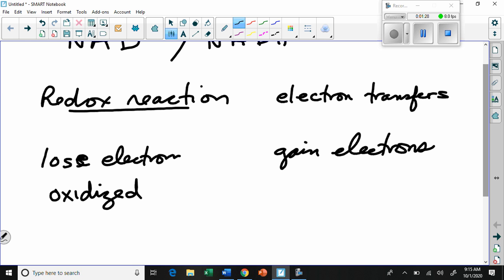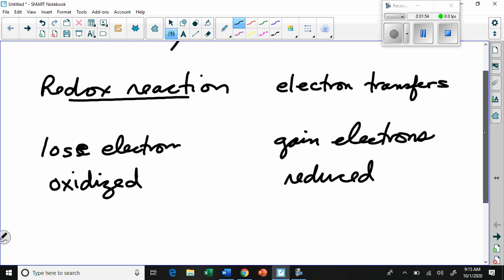The word is because oxygen was one of the first oxidizing agents that we discovered, and so this term came from the element oxygen. It doesn't have to be oxygen. It's just commonly oxygen. But we use the word anyway. So if you lose your electrons, you are oxidized. And if you gain electrons, you are called reduced.